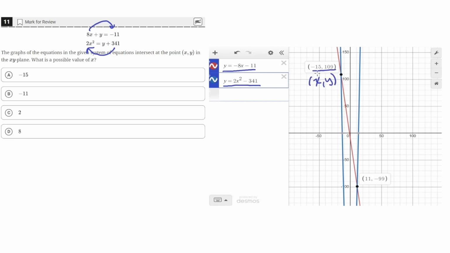So the x coordinate at this point of intersection is -15, and the xy coordinates of the other point of intersection are 11, -99. So the two possible values of x are -15 and 11. And the only answer choice that has one of these is answer choice A. So -15 is a possible value for x at a point of intersection.